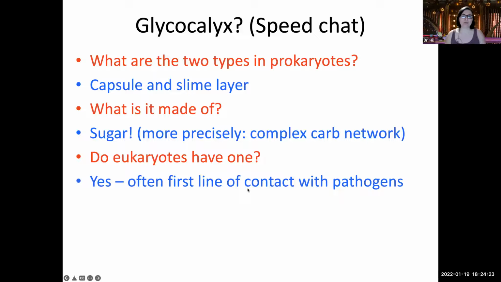And just why do we care about it in microbiology in particular, aside from the fact that some eukaryotic microbes have one? Actually, the more important thing is in multi-celled eukaryotes like ourselves, that glycocalyx is sort of a part of the mucous membrane, is often the first line of contact with pathogens.